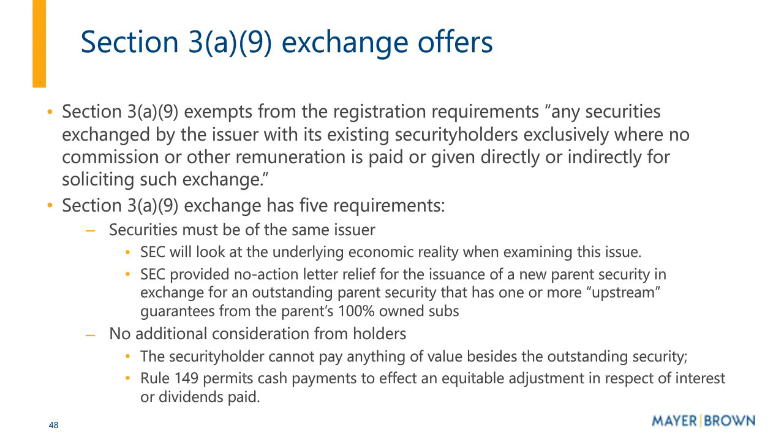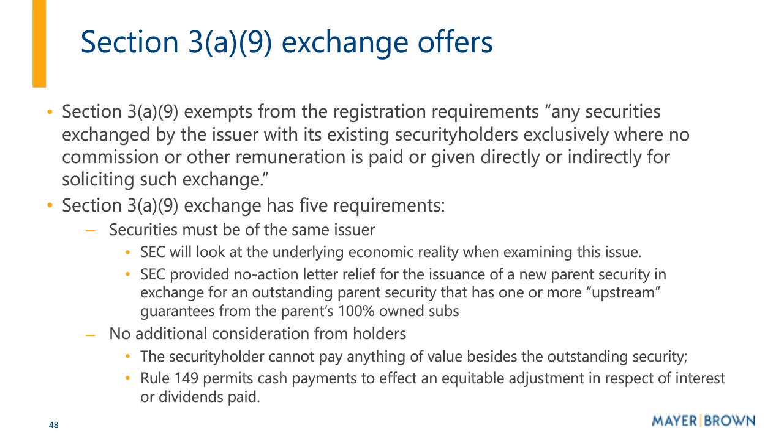Another exempt alternative is a Section 3(a)(9) exchange offer. So the exemption is available in the case of securities that are exchanged by an issuer where there is no commission paid to a third party.